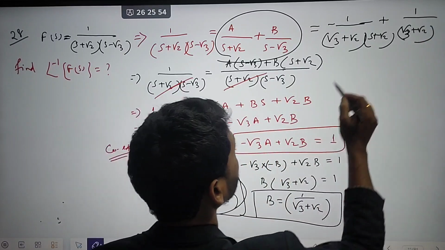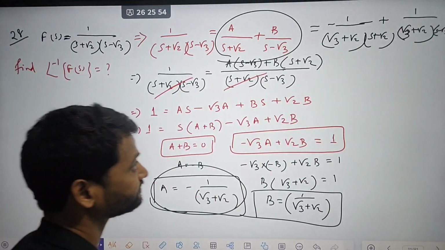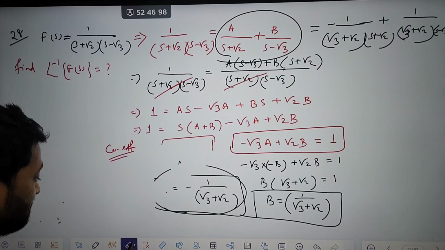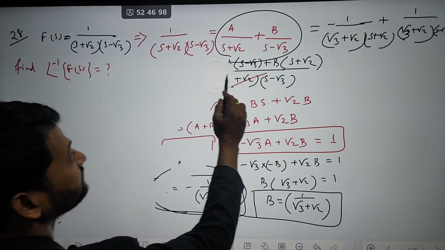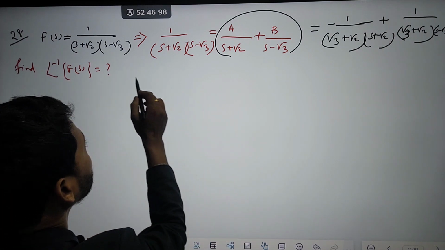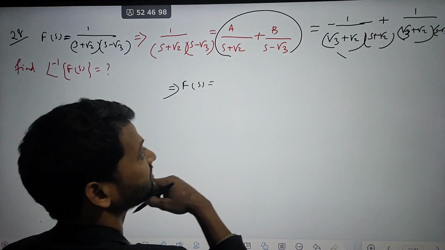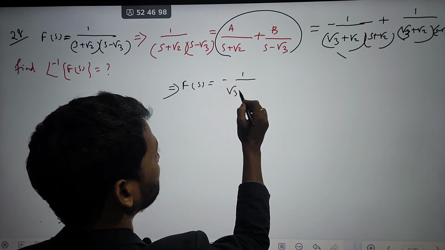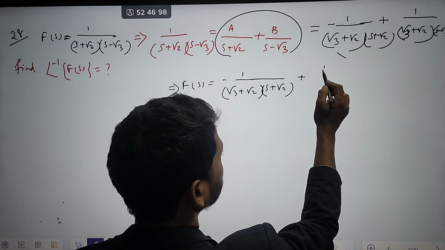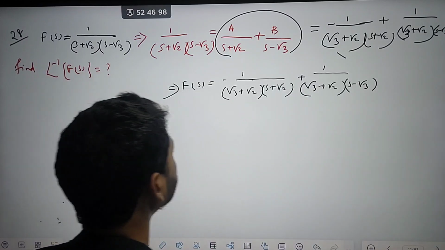B is 1 by (root 3 plus root 2) into 1 by (s minus root 3). Okay. So we can simplify this one. Okay, I am erasing this. Okay. So our F(s) is, this part is obtained completely. F(s) is minus 1 by (root 3 plus root 2) into 1 by (s plus root 2) plus 1 by (root 3 plus root 2) into 1 by (s minus root 3).